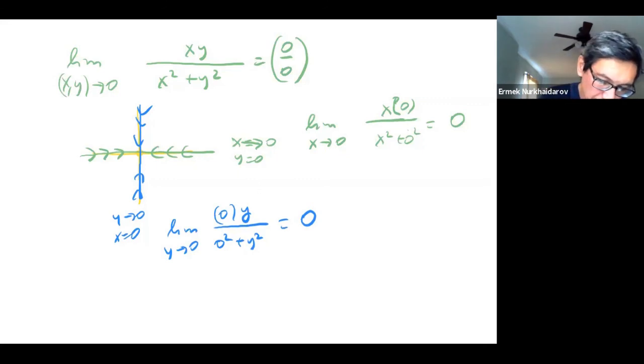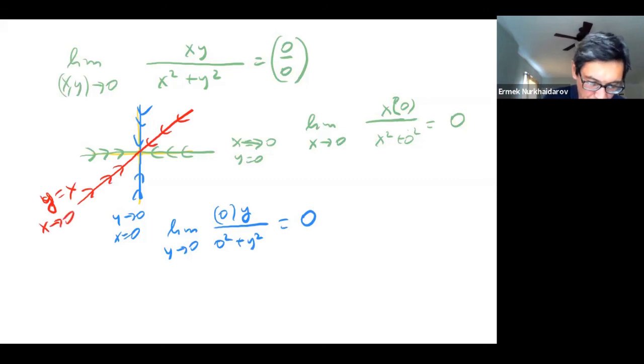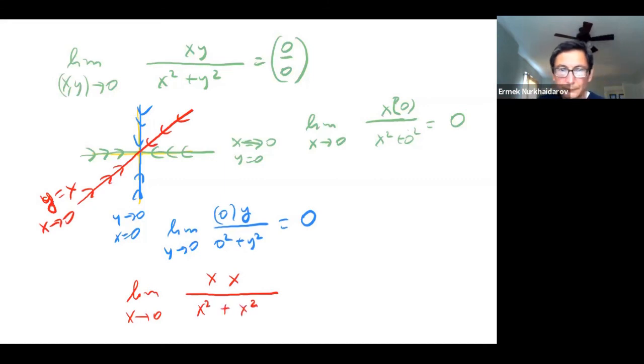Let's try the straight line y equals to x. Y equals to x is approaching 0. Plug into the limit, x approaching 0, x times y where y equals to x, that is x squared over 2x squared, limit as x approaching 0, and that equals to 1/2.